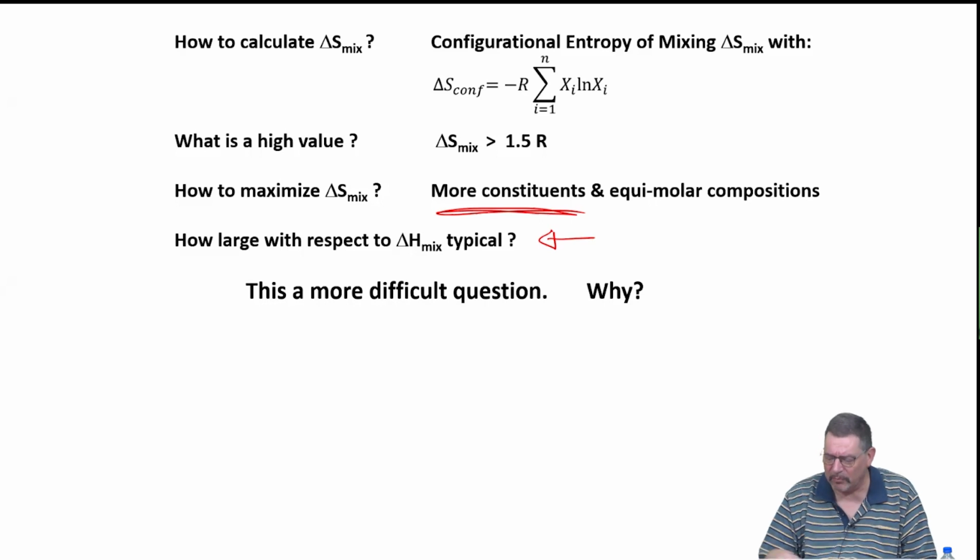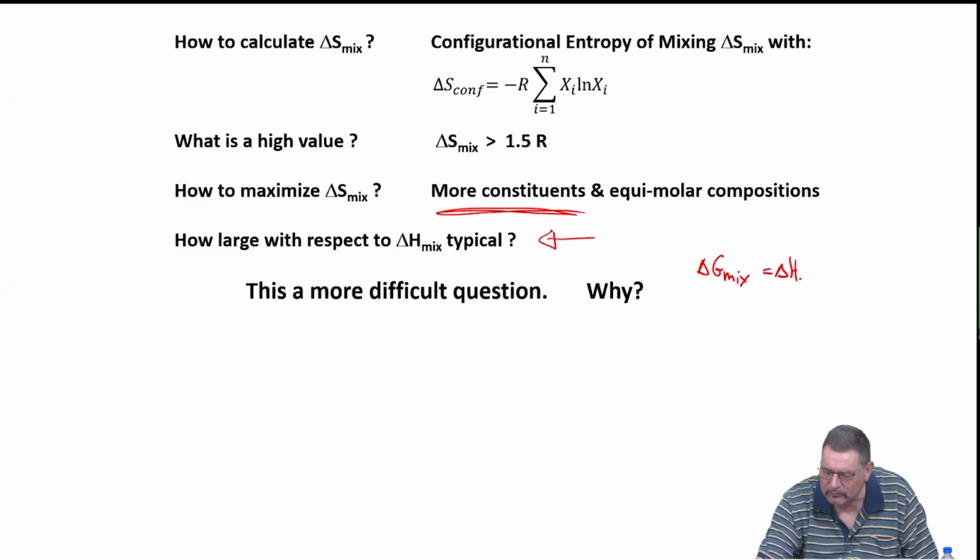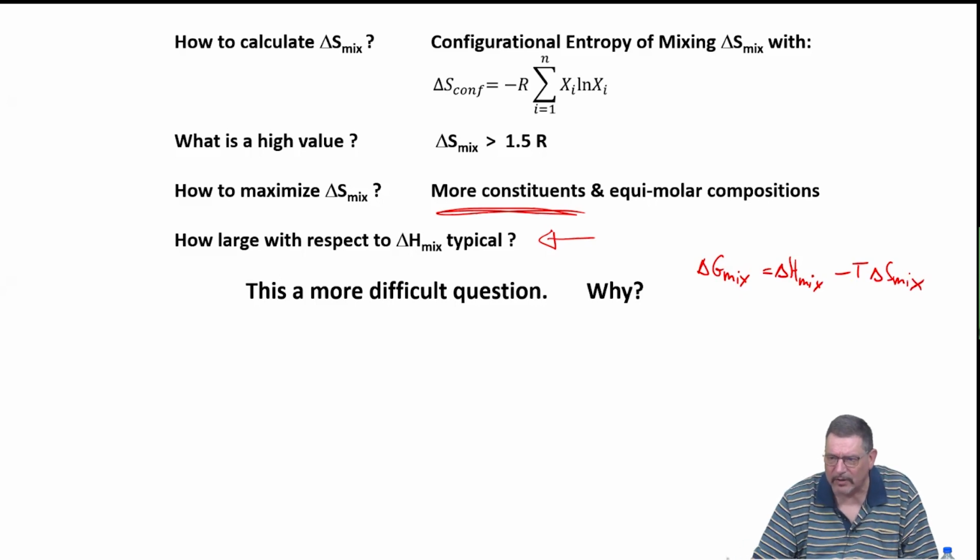But one thing which is very important is how large are these mixing terms with respect to a typical mixing enthalpy, because you remember this is the governing equation, right? So it means you have to beat delta H mix in order to stabilize your solid solution.